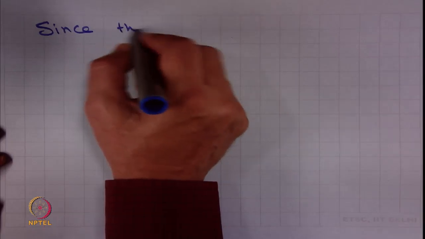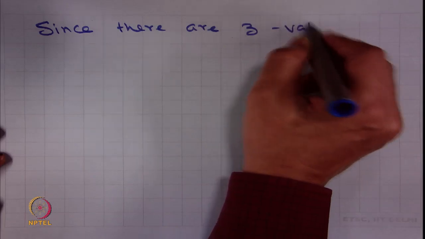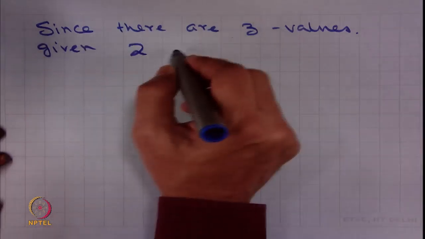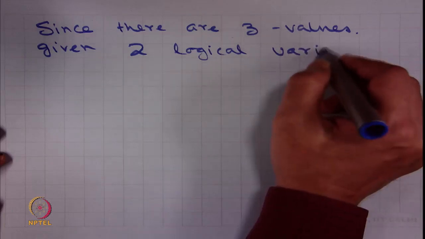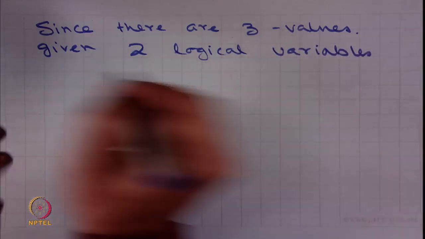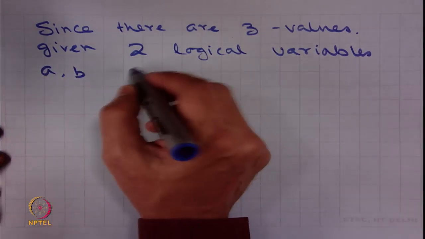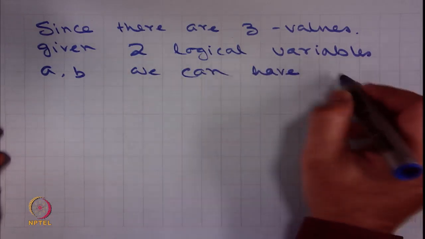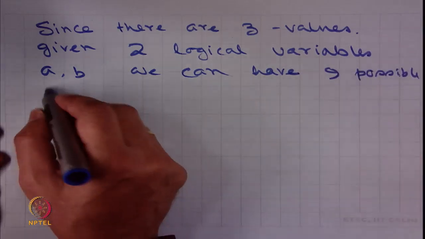Since there are 3 values, given 2 logical variables A comma B, we can have 9 possible pairs of values.